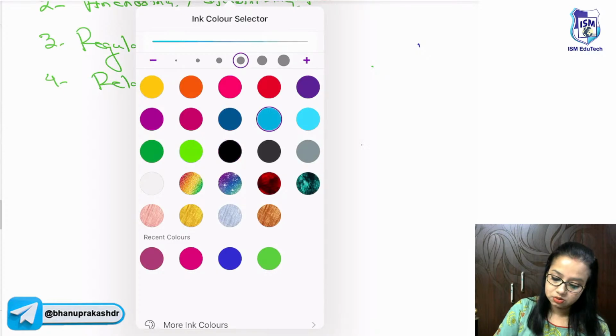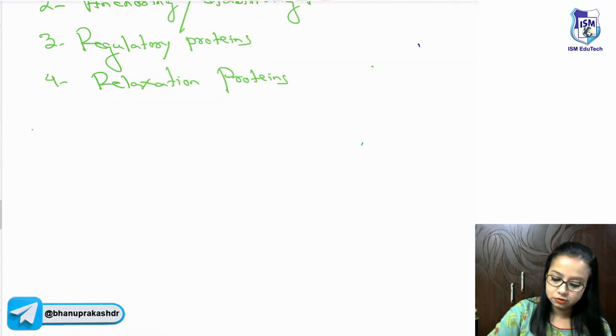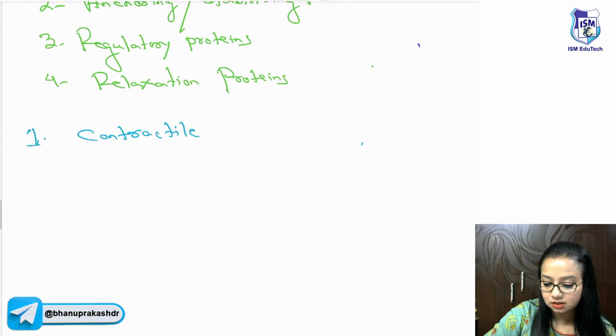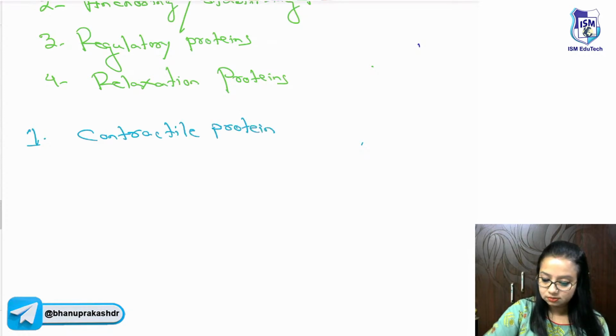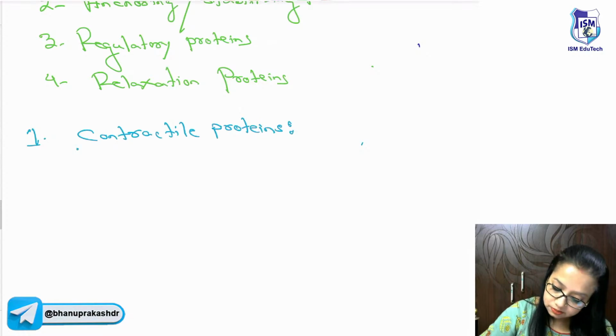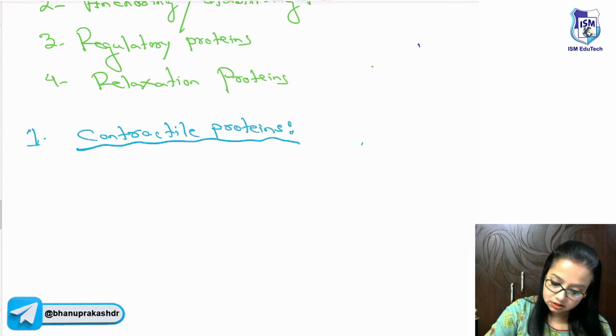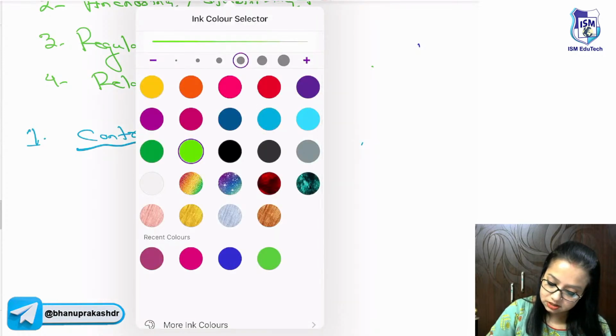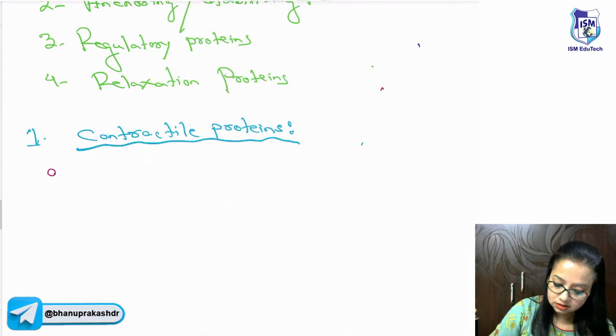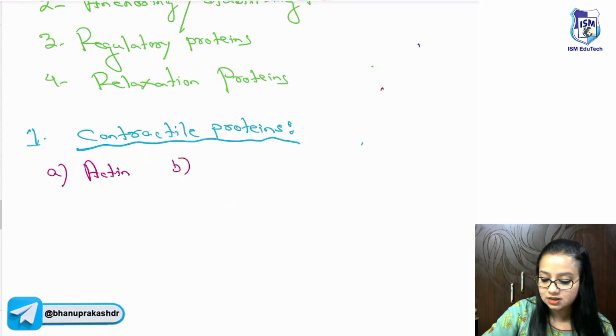Okay. So, first, contractile proteins. Okay. What are the contractile proteins? So, contractile proteins, they are actin and myosin.